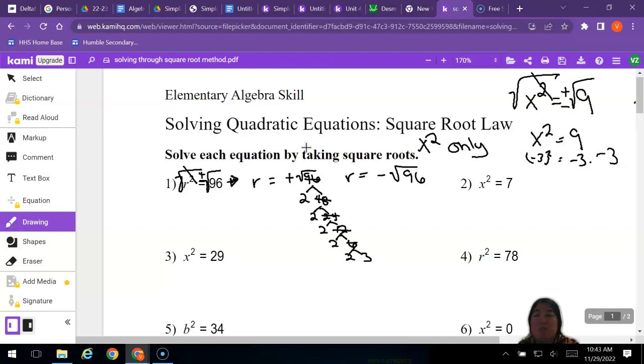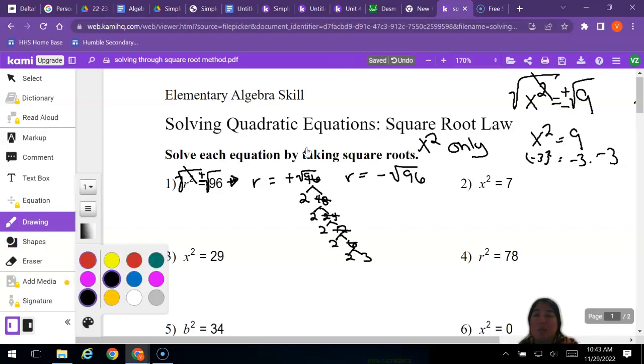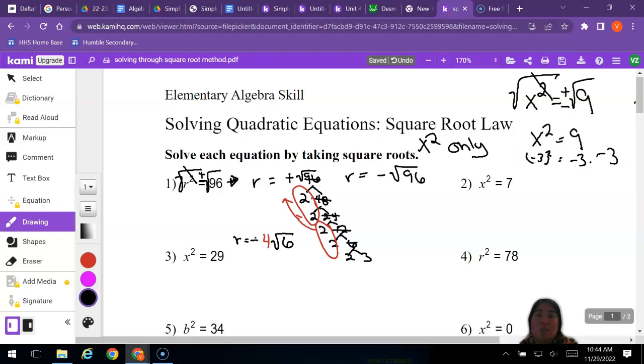We've been working with this, so we got the hang of it. So I'm going to find the pairs. I got 2, and I got 2. I'm going to take both of them out, and I am left with positive 4 on the outside, square root, whatever is left on the inside, 2 times 3, 6. So r equals the positive 4 square root of 6.